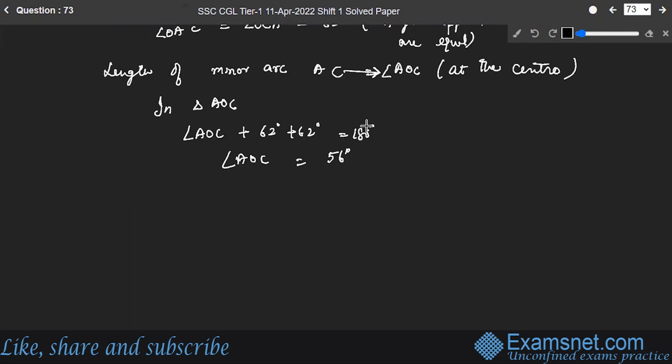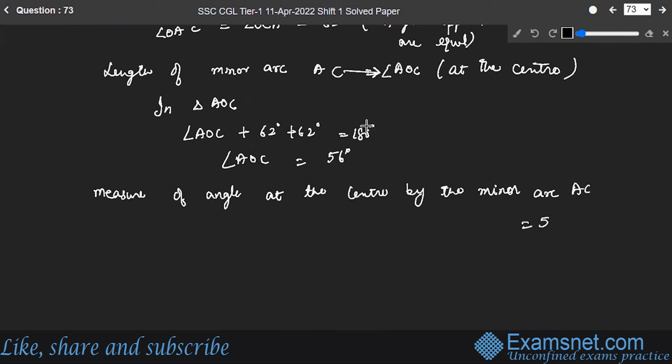And this is the measure of the angle at the center made by the minor arc AC, which is equal to 56 degrees, right?